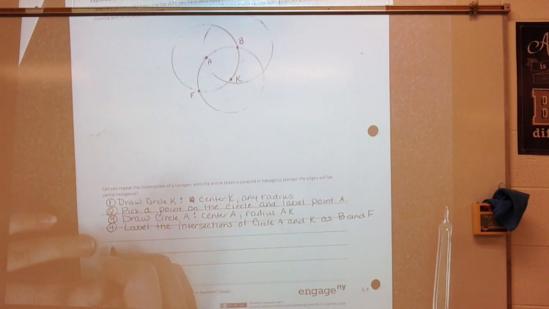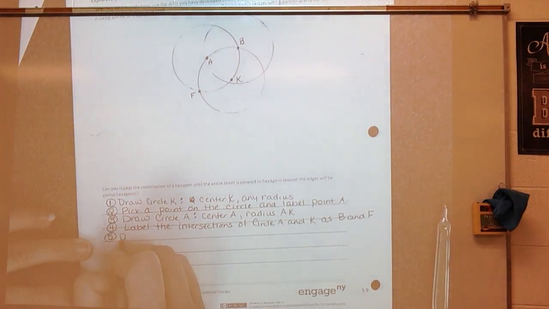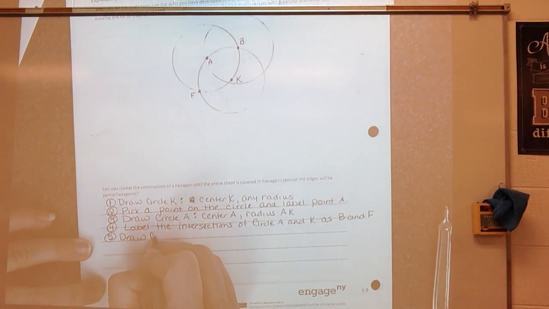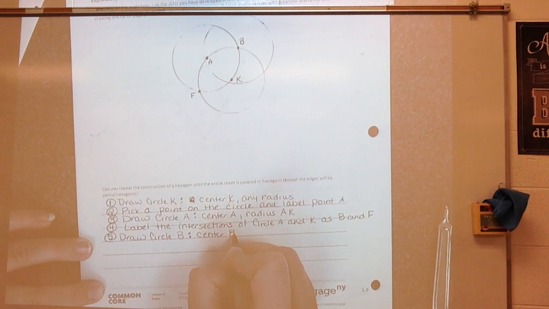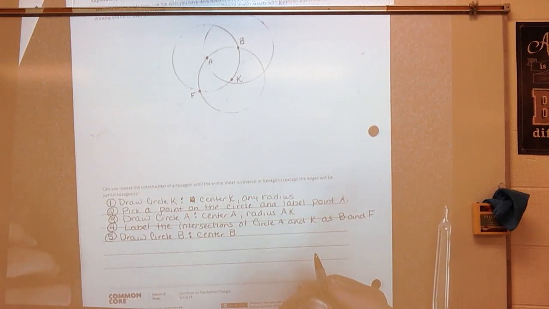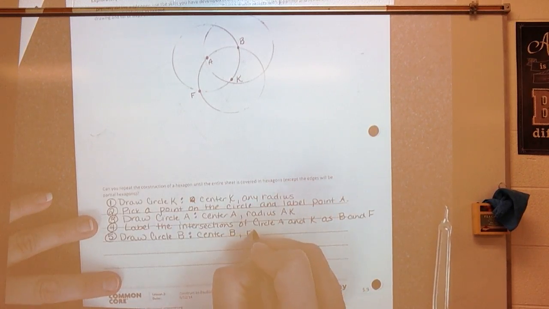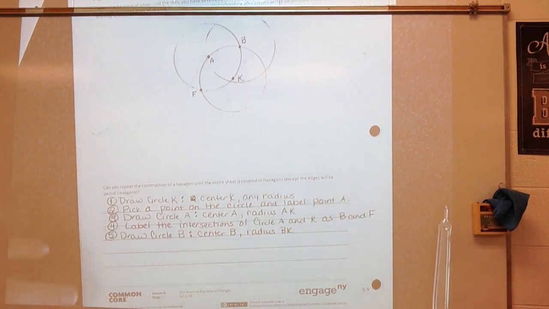So draw circle B. And that has a center B. And it now has a radius of BK. And these radiuses that we're talking about, they're going to become our segments. All right, we're going to look at those as being segments. They're part of our segments here.